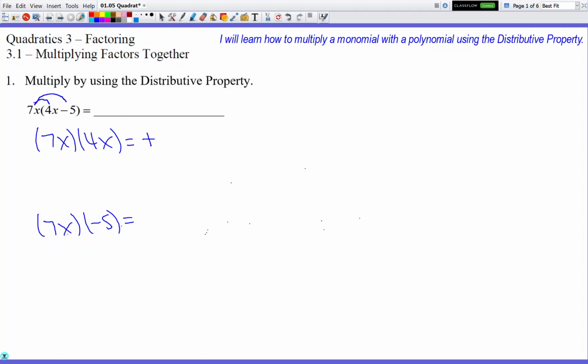Then, to keep things consistent, I'm just going to do the sign of the second problem, where I have a positive times a negative. Hopefully you remember from previous knowledge that when you multiply with negatives, you just count how many you have. If there's an even amount of negative signs, your final answer is positive. If there's an odd amount of negative signs, your final answer is negative, because if there's an odd amount, you don't have somebody to cancel out with.